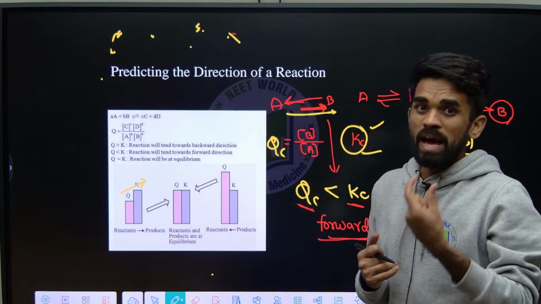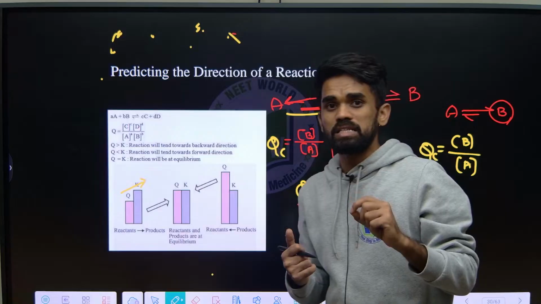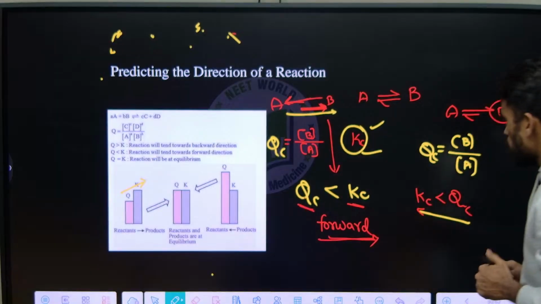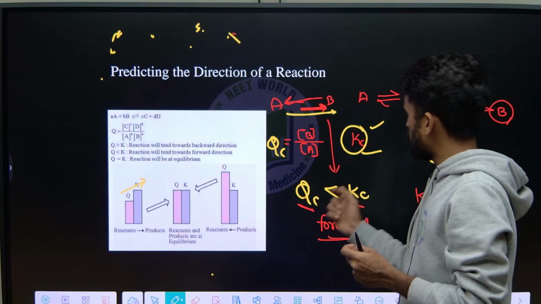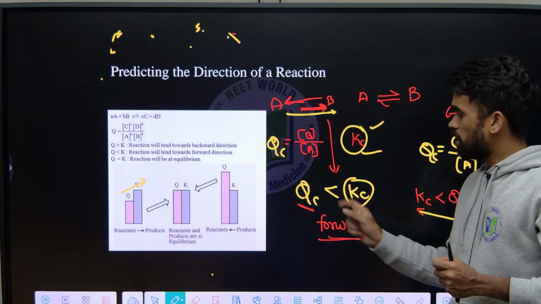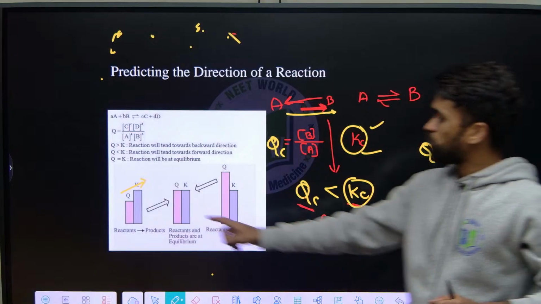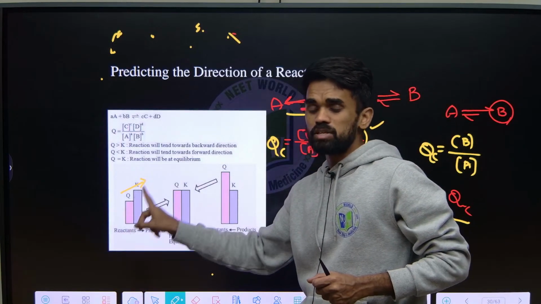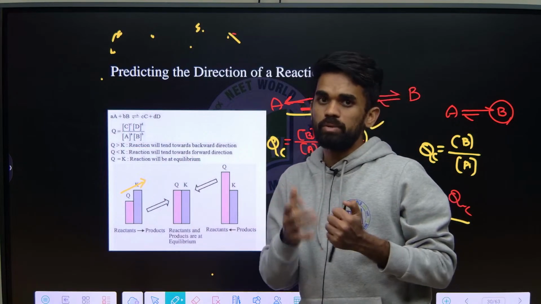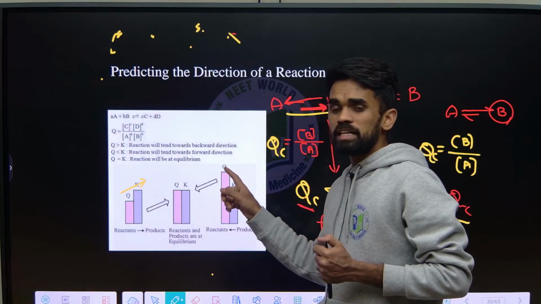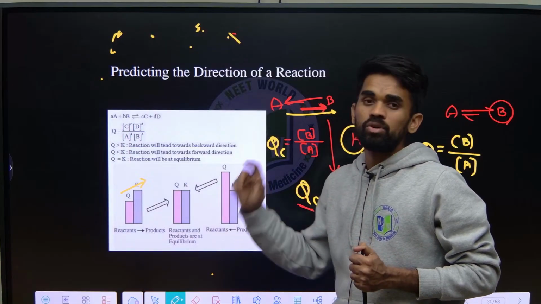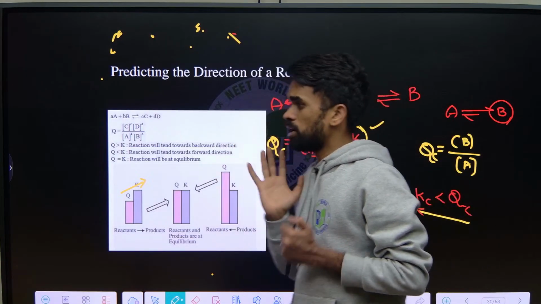Due to that factor, a reversible reaction always tries to attain equilibrium conditions, and these conditions are very important. If Qc is smaller, then the reaction tends to move forward to attain Qc equals Kc, that is equilibrium. And if Qc is greater than Kc, then the reaction favors backward to attain equilibrium, so that Qc becomes equal to Kc.